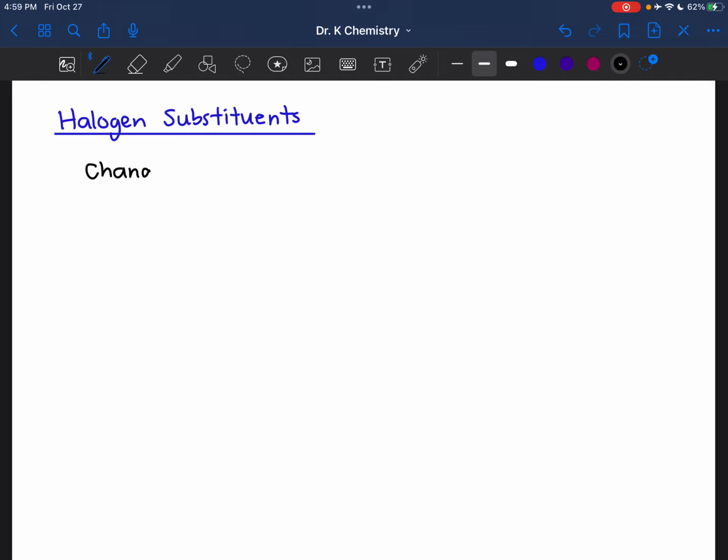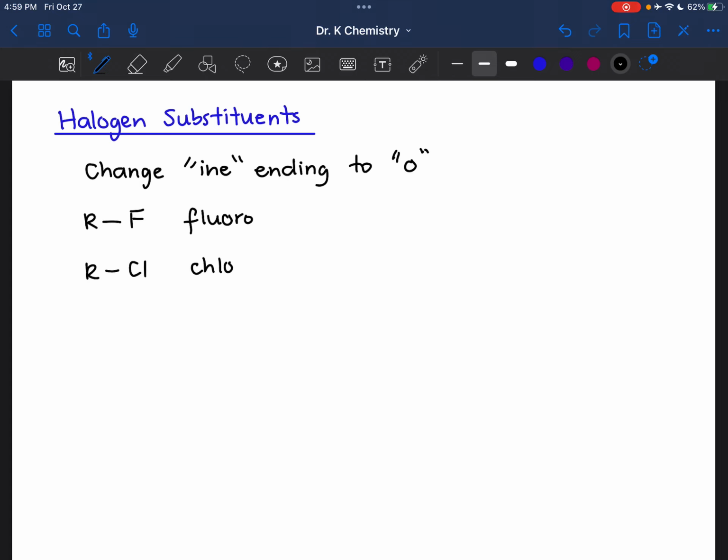So in that case, we're going to change the INE ending of the halogen to O. So if the main chain has fluorine attached to it, we call that fluoro. If a chlorine is attached to the main chain, we call it chloro. If we have bromine, that's bromo. And if we have iodine, we call that iodo.